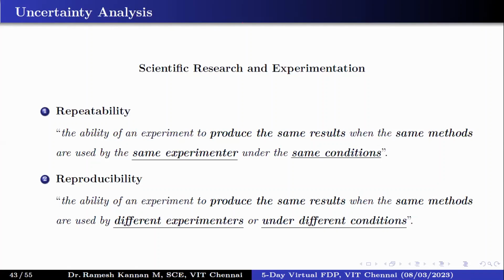You can use this for any testing method or experimentation, not necessarily non-destructive testing or the rebound hammer. You can even take electrical resistivity, where you draw a corrosion contour, and try to incorporate uncertainty analysis there also.